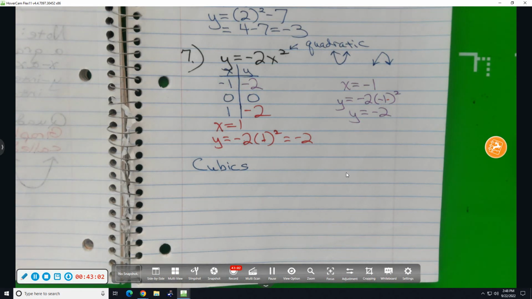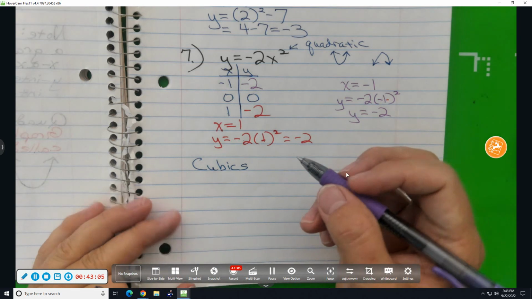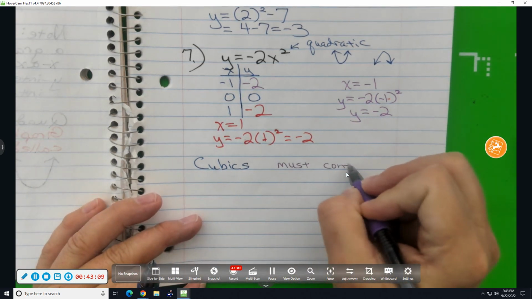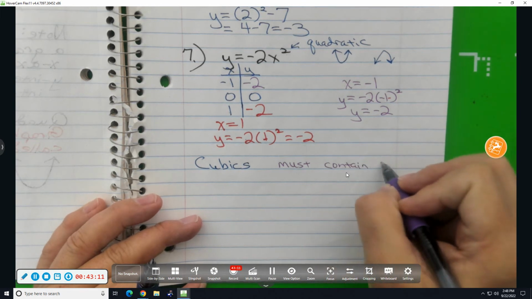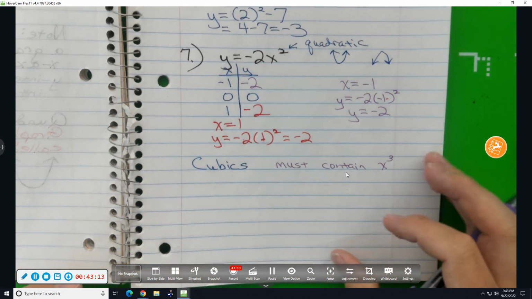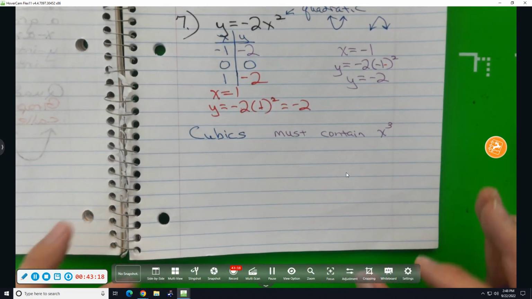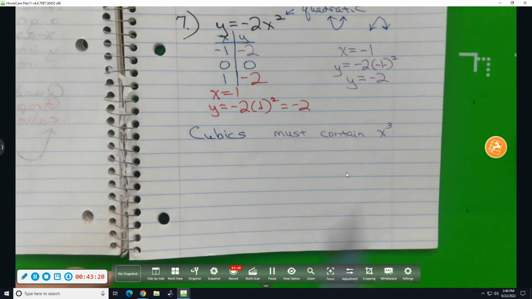A cubic must contain an x cube. And that has to be the biggest exponent. Can't have an x to the 4th or an x to the 5th. So when you look at an equation that's a cubic, you can spot it because of the presence of that x cube term.